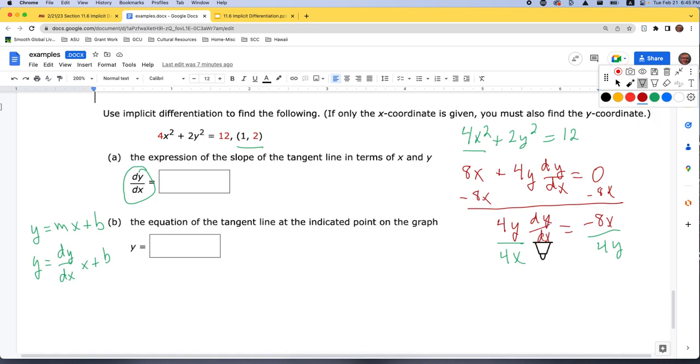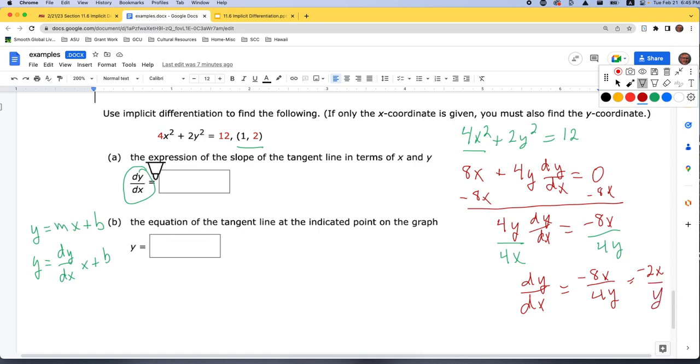So we get dy dx equals negative 8x over 4y, which does reduce. 4 goes into 8 2 times. So you get negative 2x over y.